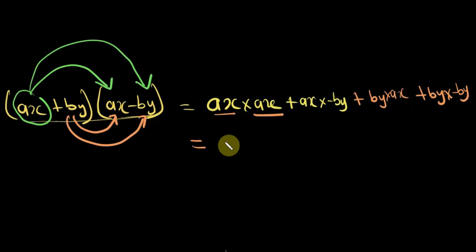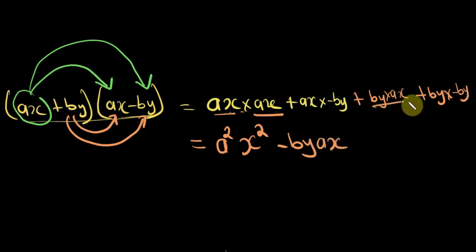A and a are the same, so we add the powers, that becomes a squared. x and x are the same, that becomes x squared. ax multiplied by minus by, that becomes minus axby. Then by multiplied by ax, that's the same thing as plus axby. By multiplied by minus by, that becomes minus b squared y squared.